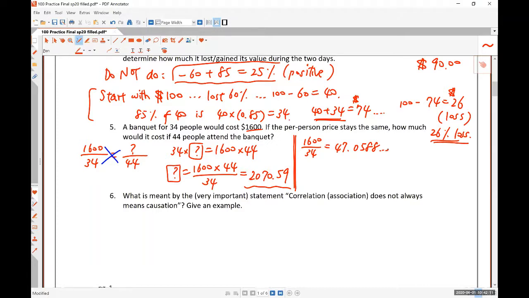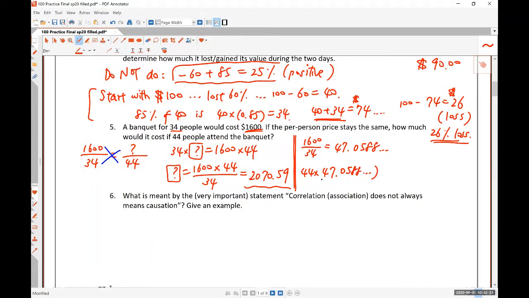But what this is telling you is when you divide the total cost by the number of people, this is the price per person. So you can easily multiply this by 44 because now you're expecting 44 people at $47.06 per person.